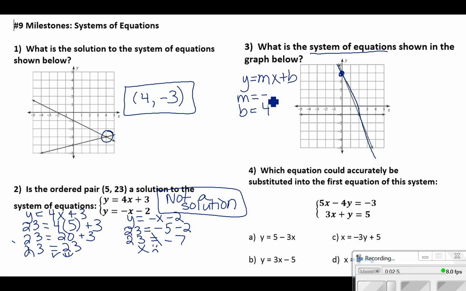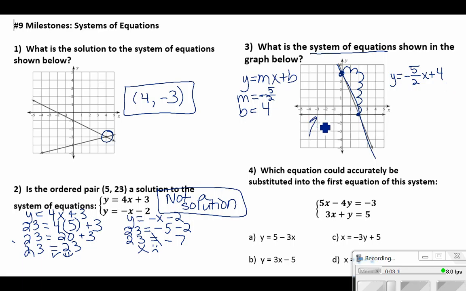And then I need to find another point on the line, and I'm going to use this one, which is the actual solution. So I can count 1, 2, 3, 4, 5. 1, 2. So I have negative 5 over 2. So my first equation is y equals negative 5 over 2x plus 4.